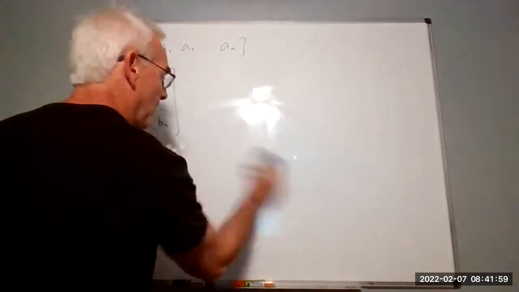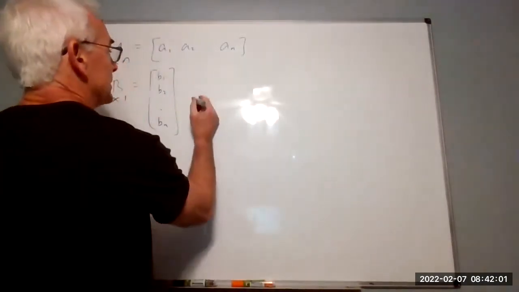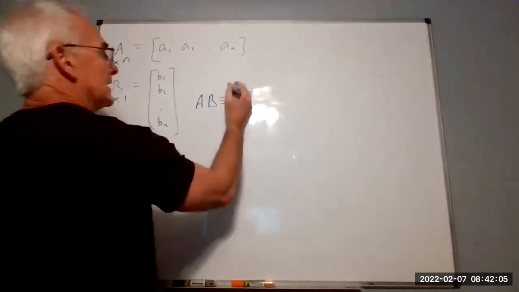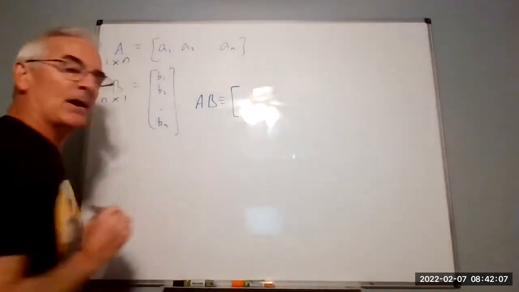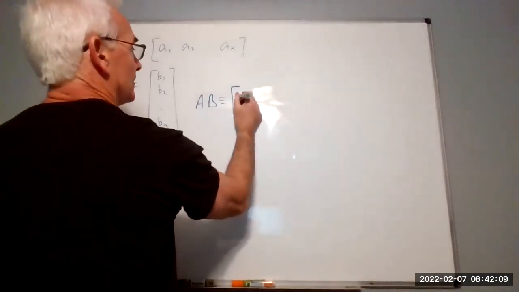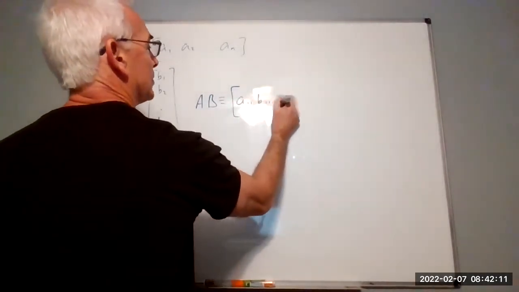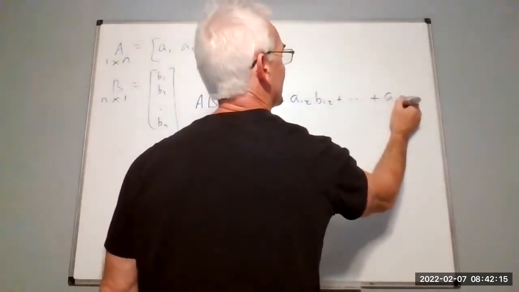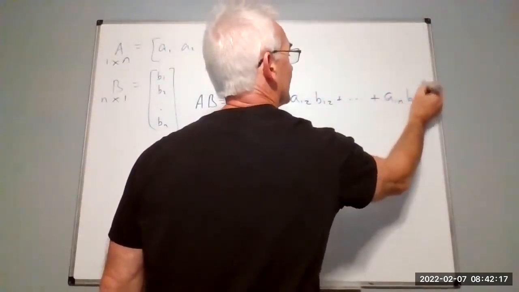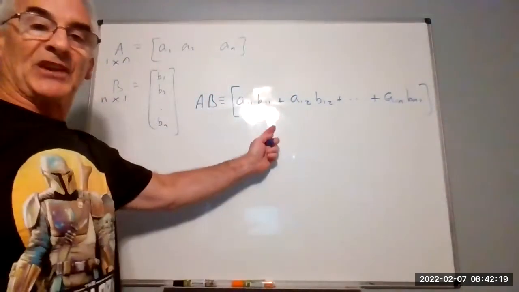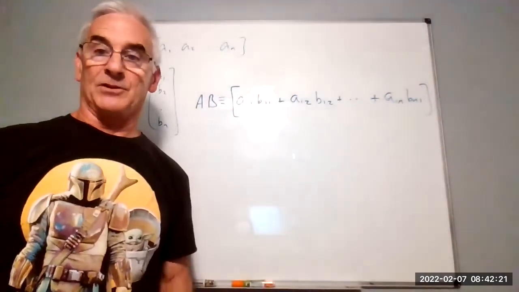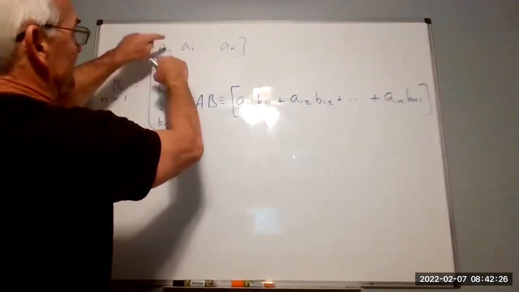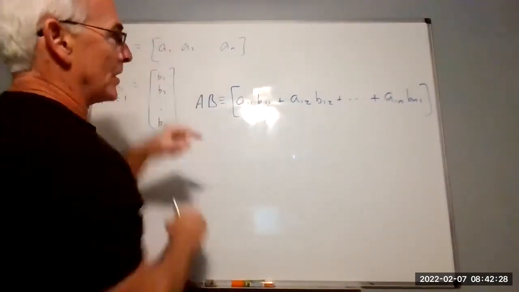So we're going to define A times B. A times B is a 1 by 1 matrix. A11 B11 plus A12 B12 plus, all the way to A1n Bn1. This is a single scalar, okay? This is one number. I took this product plus, all the way down the line.